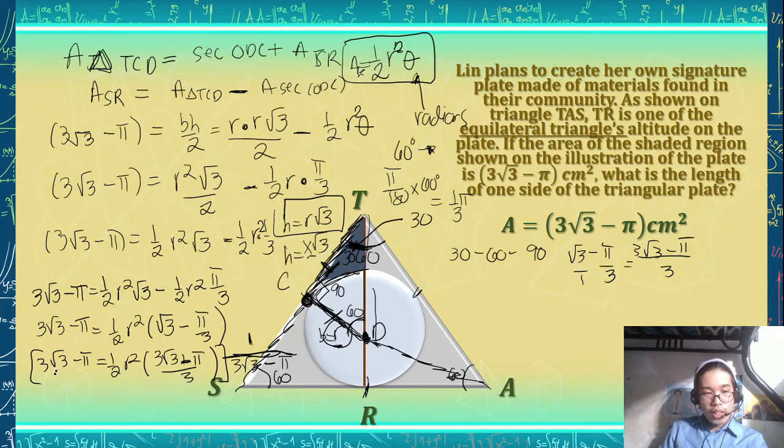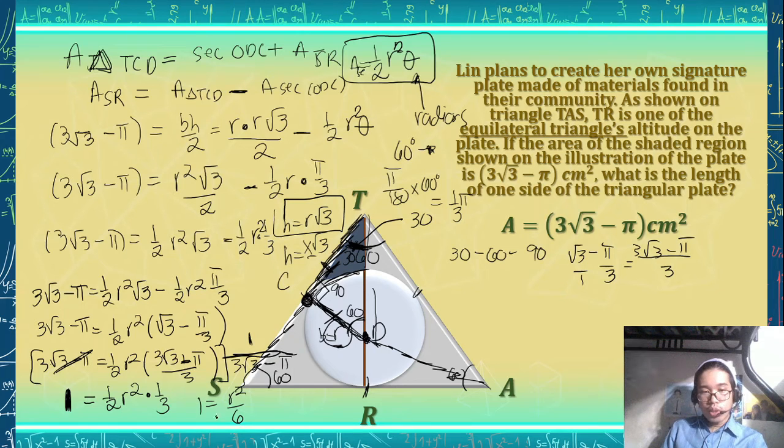Okay, so therefore this cancels out, and what's 3 square root of 3 minus pi divided by 3 square root of 3 minus pi? That's just equal to 1. So 1 is equal to 1/2 r squared times 1/3. And what's 1/2 times 1/3? That should give you r squared all over 6.